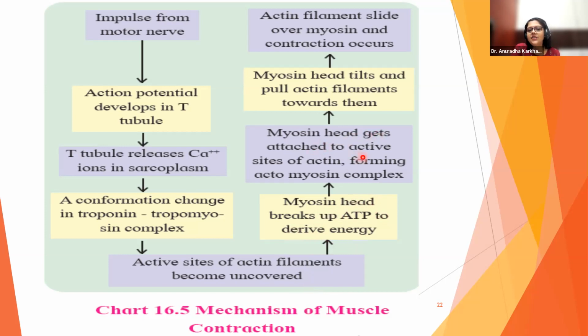Myosin head gets attached to active sites of actin, forming actomyosin complex. So cross bridge बन गया. Myosin head tilts and pulls the actin filaments towards them. So pulling of the Z lines inwards. Actin filament slides over myosin and contraction occurs. So when it is going to be like this to this and they pull the Z lines together, contraction will take place. This is the flow chart.